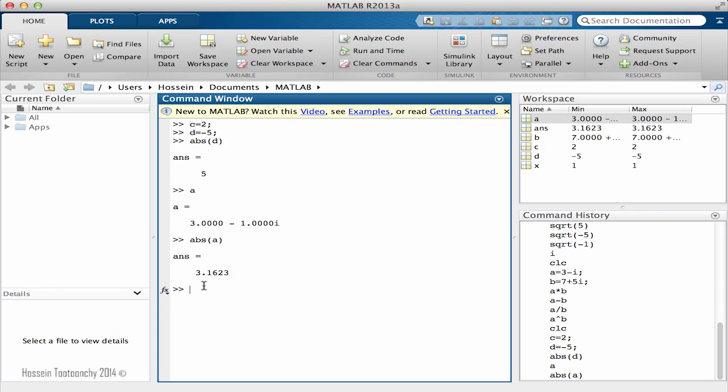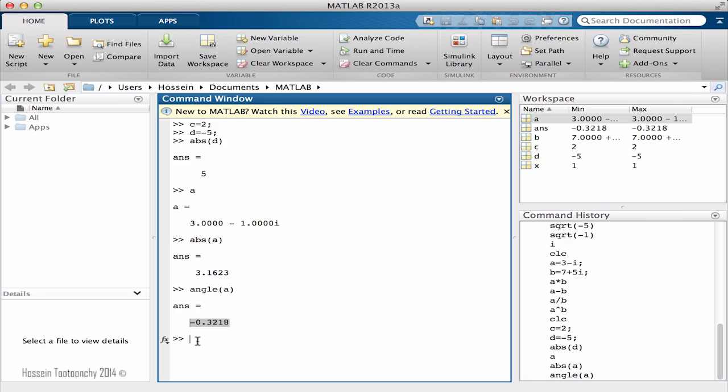The same way, if we type angle of a, it returns the angle between the imaginary part and the real part of the complex number. It is the same as in trigonometry. It's now in radians.